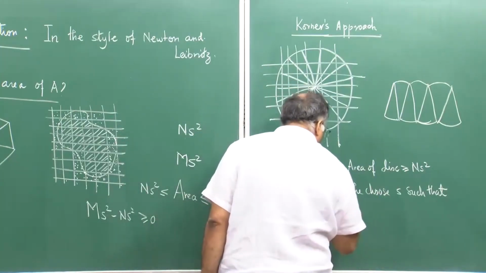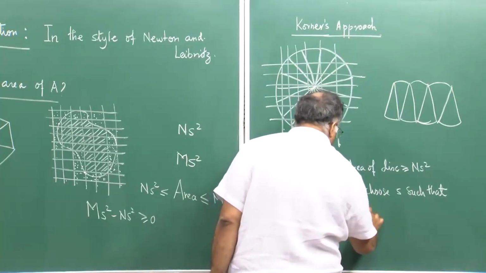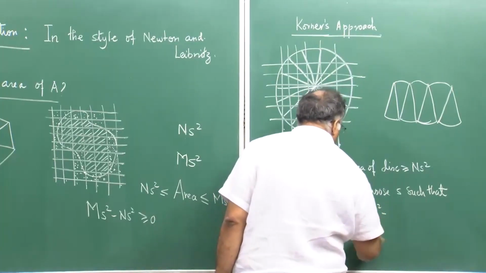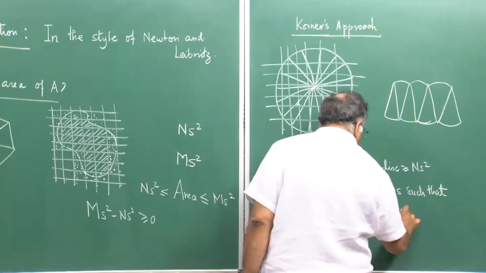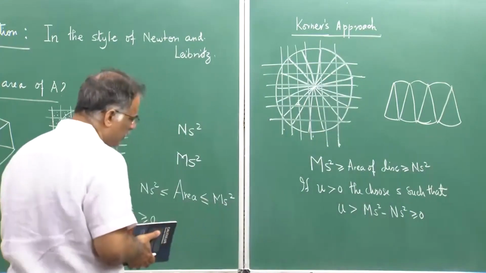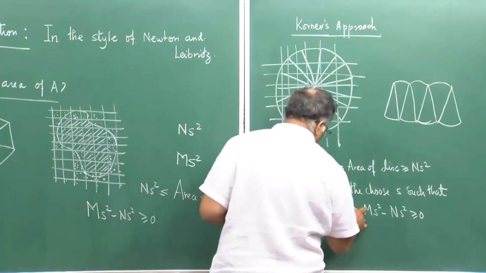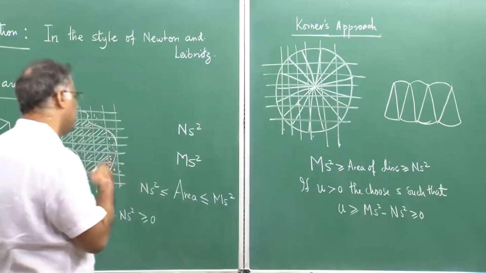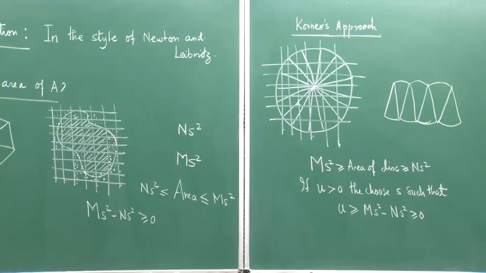That u is controlling the growth of this difference. U could be greater than or equal to, doesn't matter. So this u is now controlling the growth.